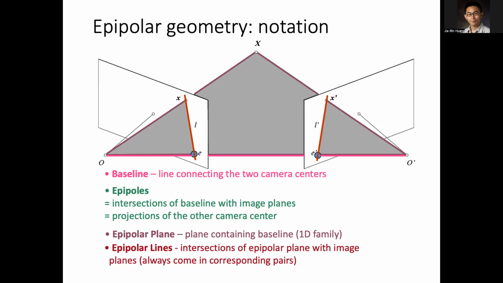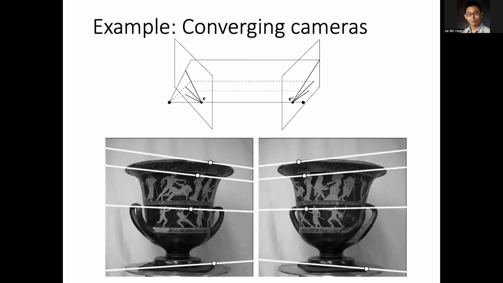Imagine that you have a vase. I capture an image here, and I capture an image here. So it's converging viewpoints, one viewpoint here and one viewpoint here. It looks like this.